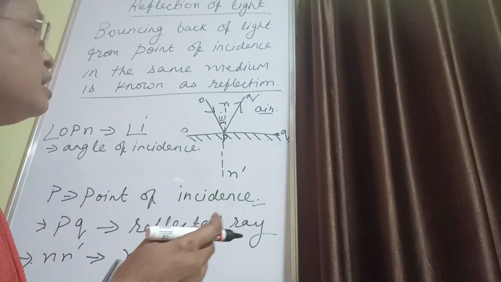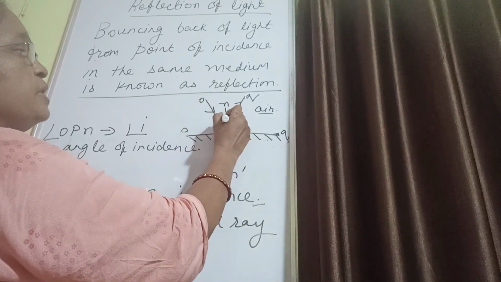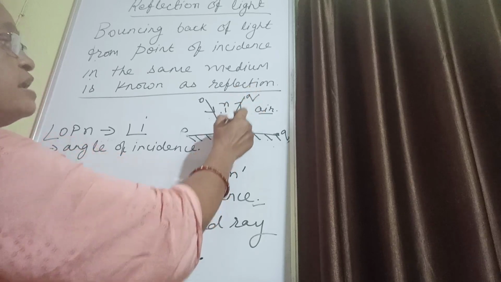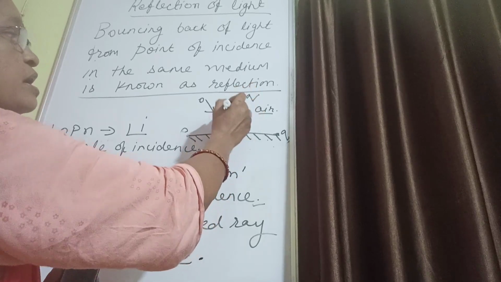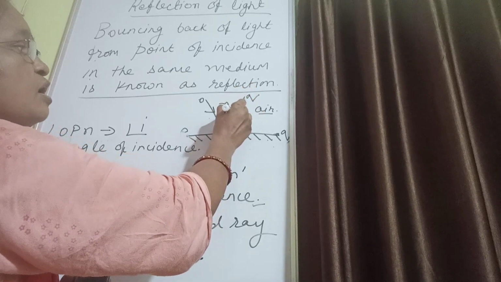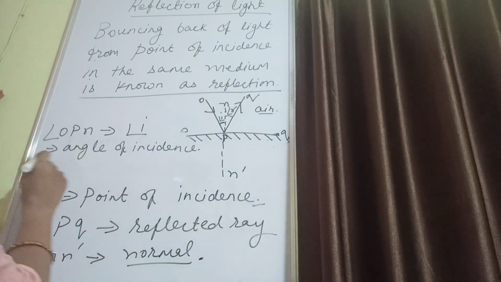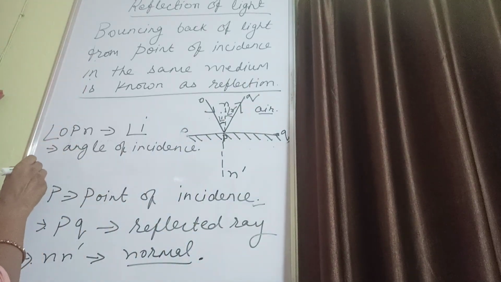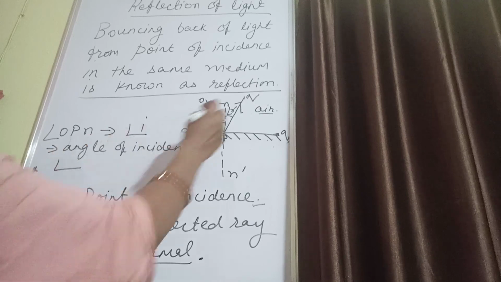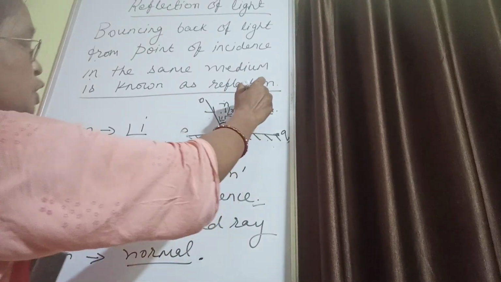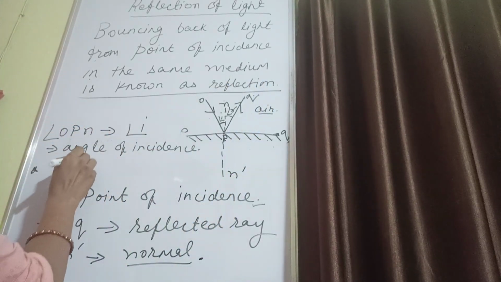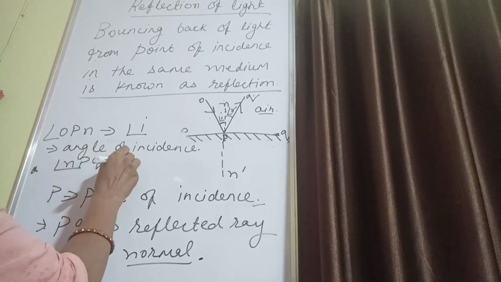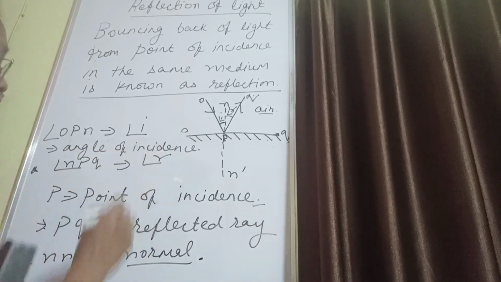Similarly, students, see here, the angle made by the reflected ray to the normal is known as the angle of reflection. So we can write again here angle NPQ, angle r.